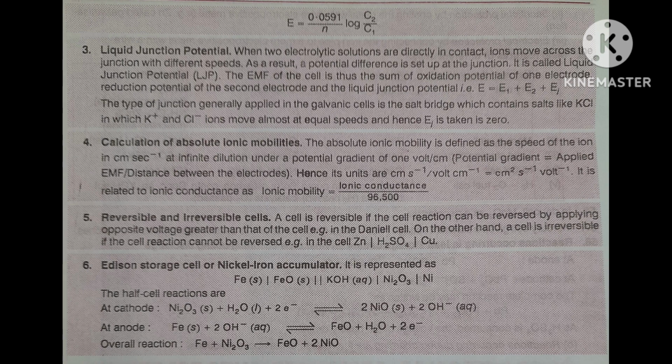Then you can represent the Edison storage cell or nickel iron accumulator like Fe(s)|FeO(s). S means solid, both are solid. This is the anode. And cathode is Ni2O3|Ni. And for the salt bridge you have to write 2 parallel lines.